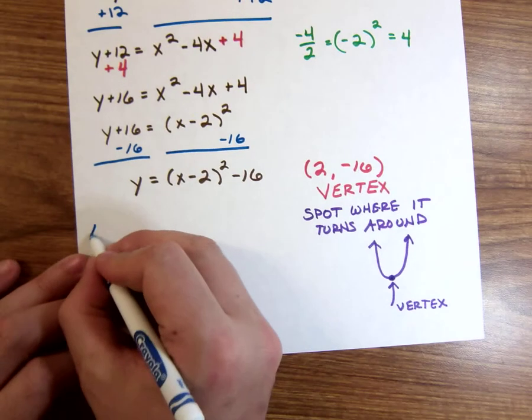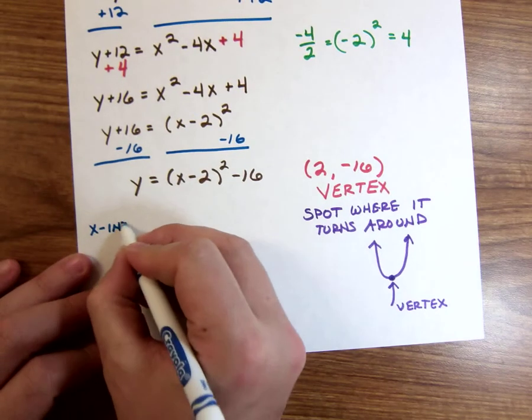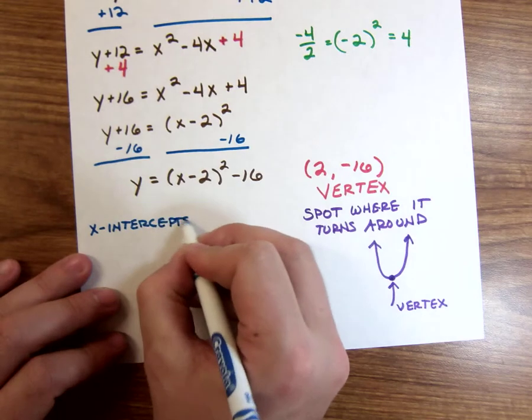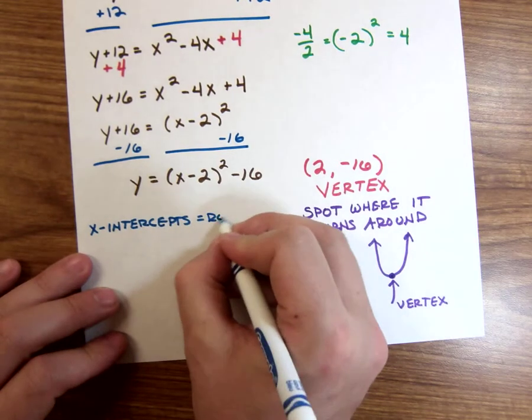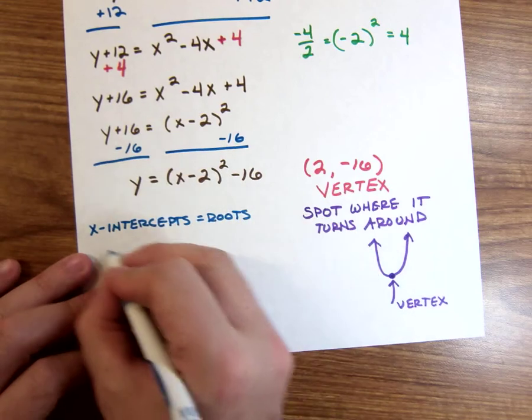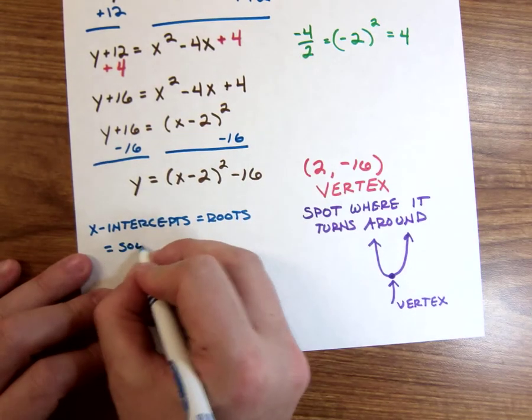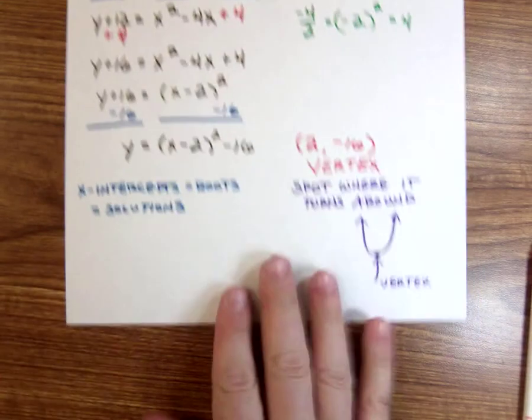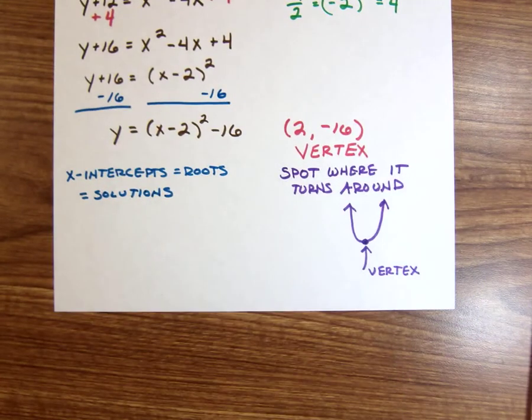We also sometimes call them roots. And sometimes they're also called solutions, depending on the context. The spots where they cross the x-axis, those are also really important to us.